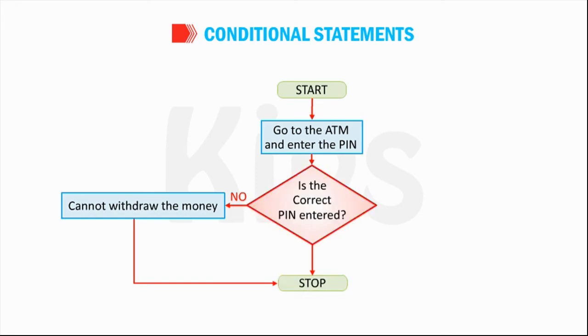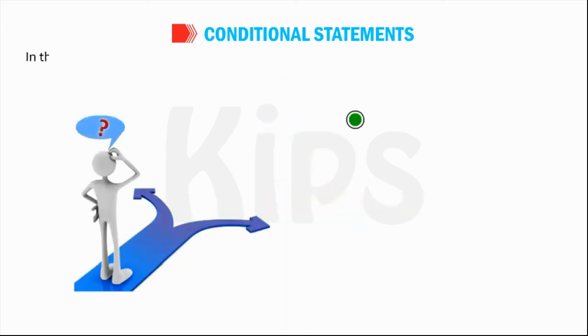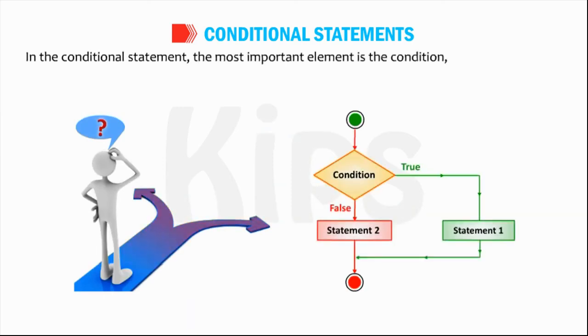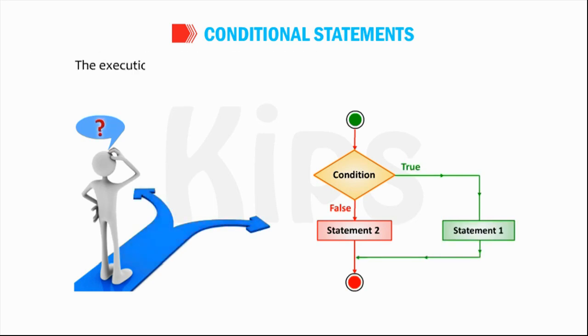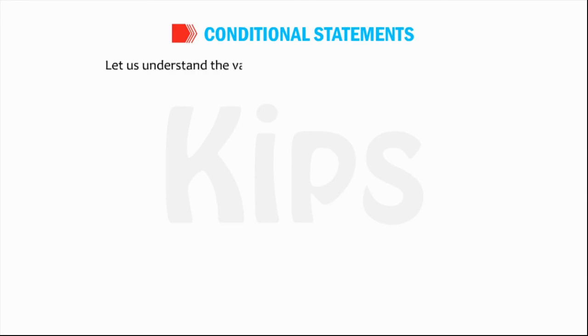Is the correct PIN entered? Yes: withdraw the money. Stop. In the conditional statement, the most important element is the condition, based on which the decision is made. The execution of the statements depends on the evaluation of this condition. Let us understand the various conditional statements given below.